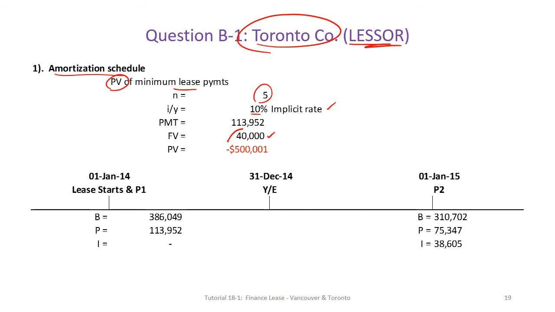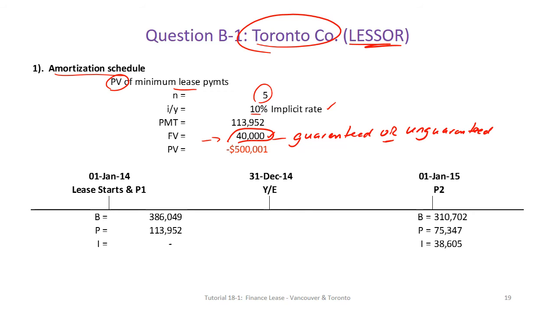The residual, and this is whether it's guaranteed or unguaranteed, it doesn't matter. Right? We still include the residual as a future value in the calculation.